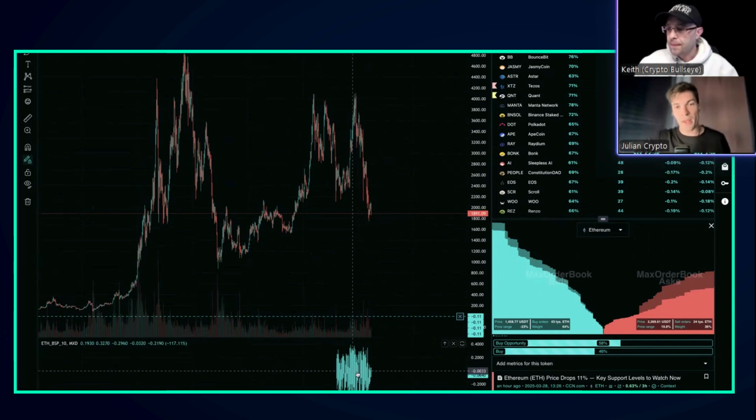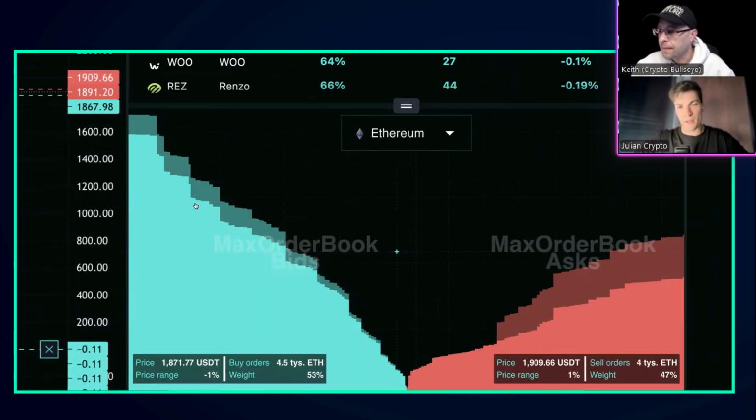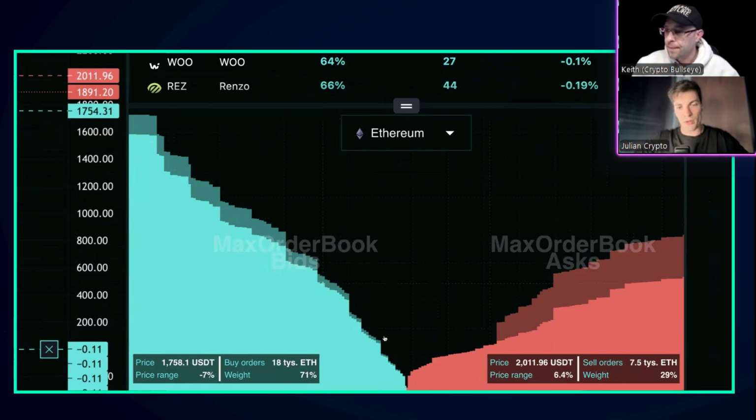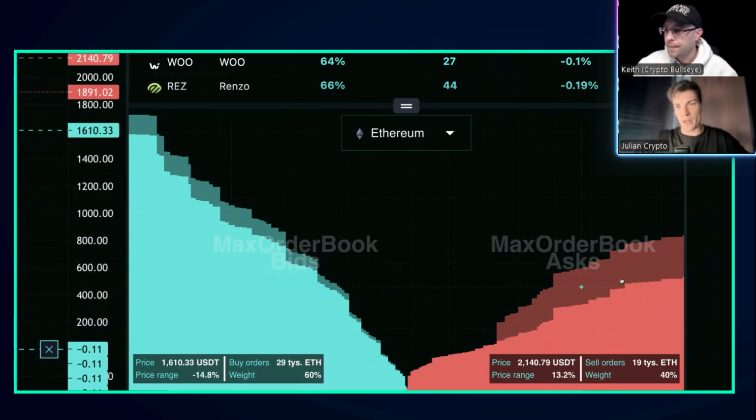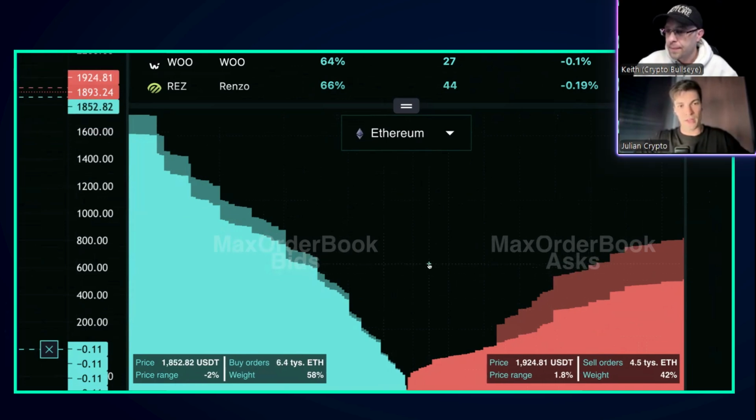And for example, data from exchanges showing the buying pressure or selling pressure on a particular asset. And in this situation, look at this max order book showing buy orders and sell orders on ETH in real time. And there is a huge disadvantage, with much more buying orders than selling orders.